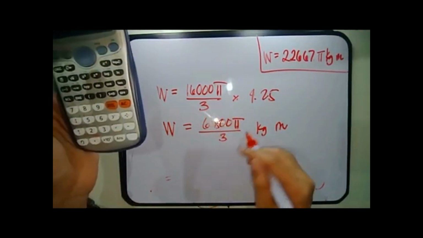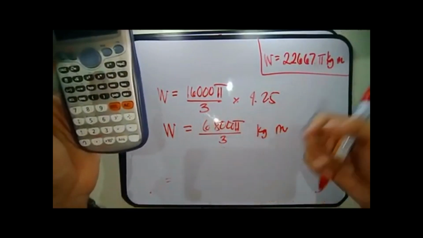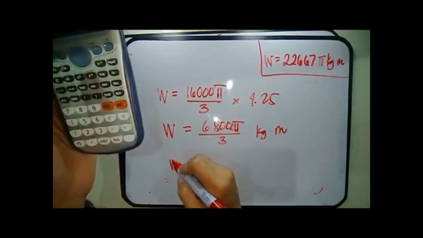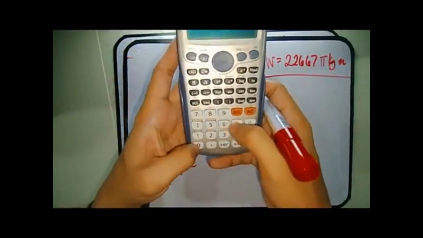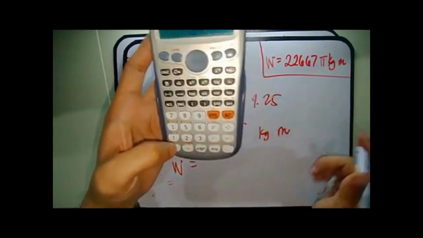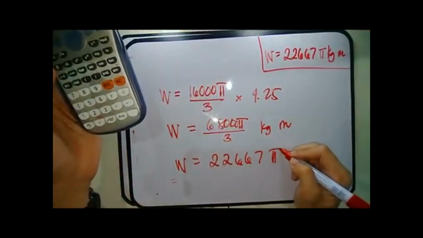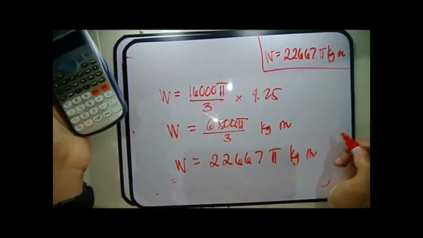So, itong 68,000 pi all over 3 can be expressed as, we have here, so 68,000 divided by 3. So, that is 22667 pi kilograms meter.